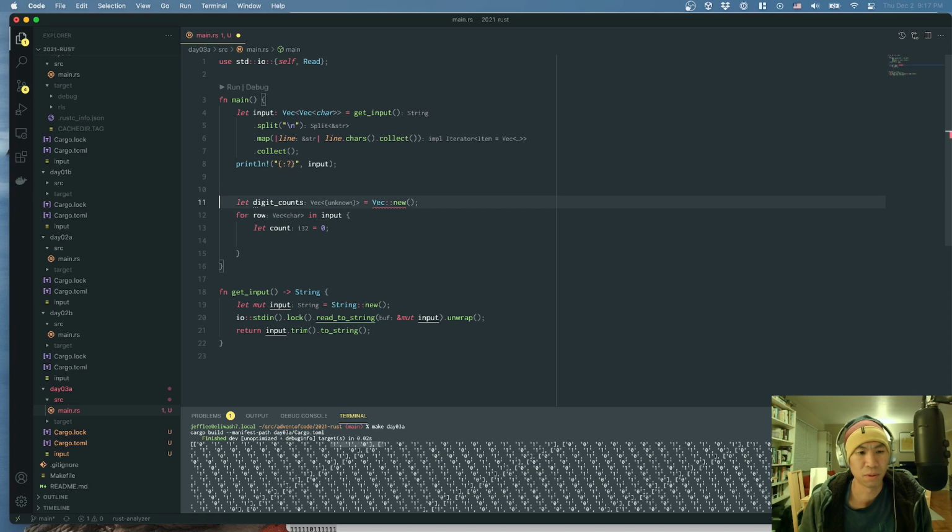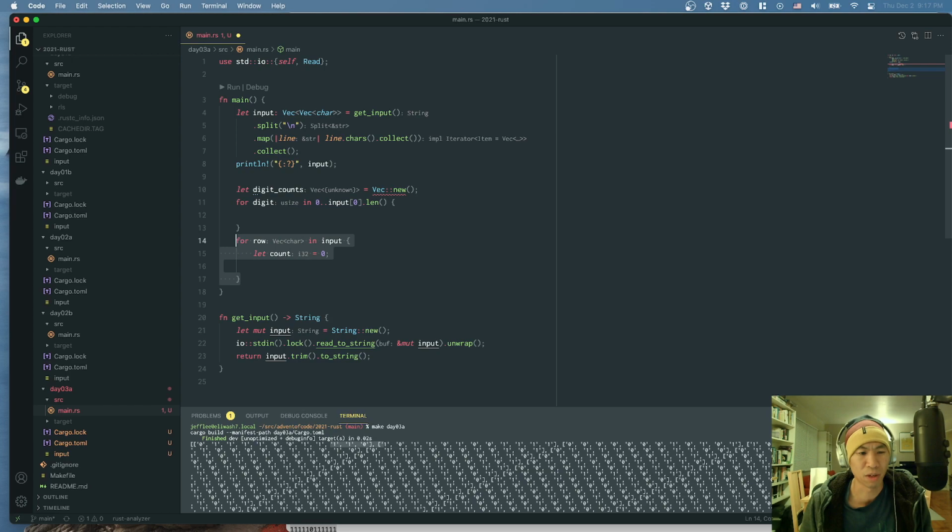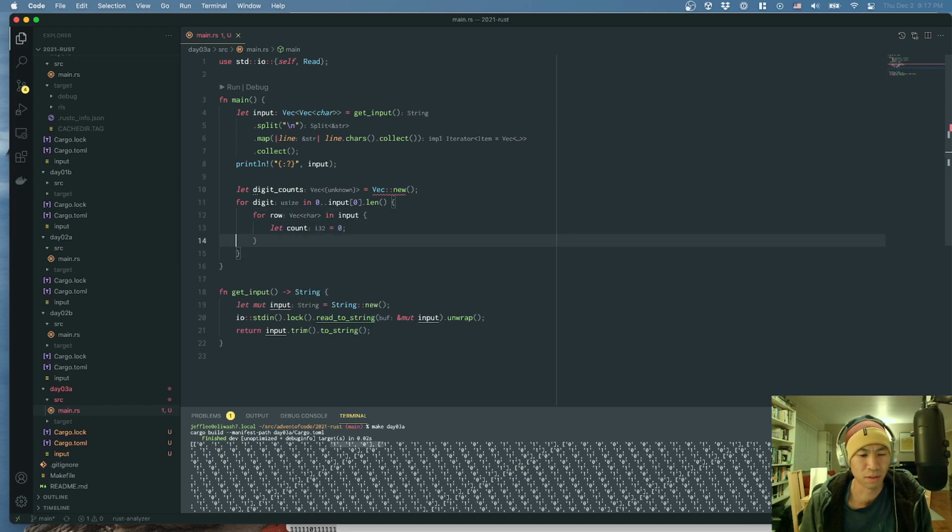Let's make this the outer loop. I don't think it technically matters. There may be better cache coherency to go the other way, but that's not super important for this program.